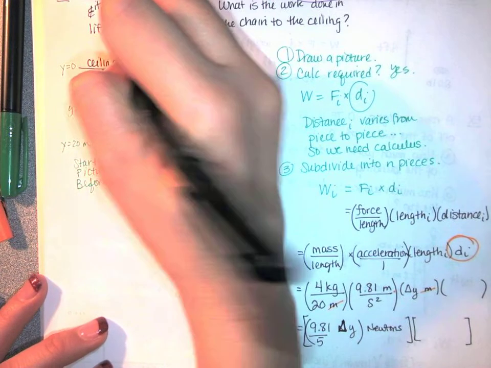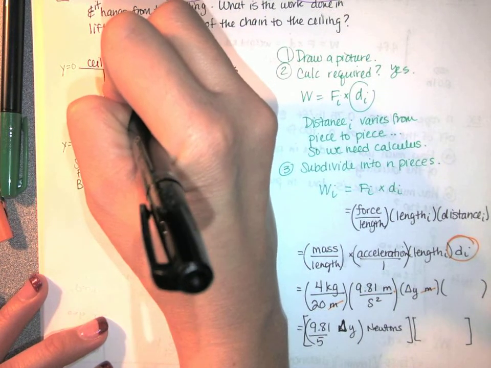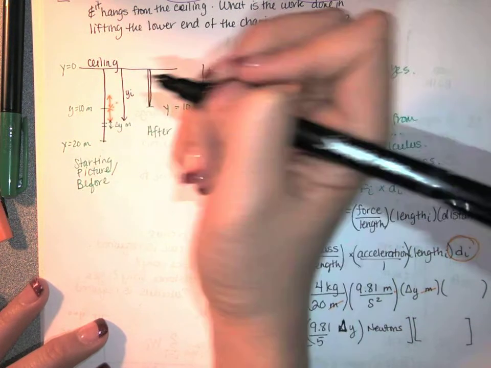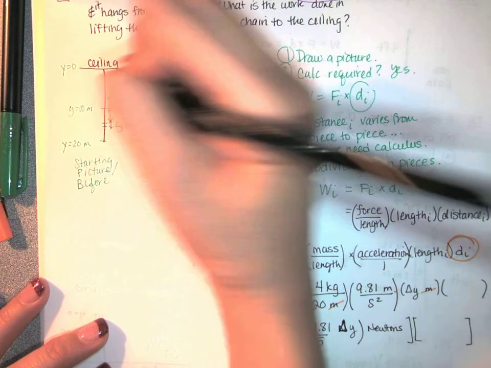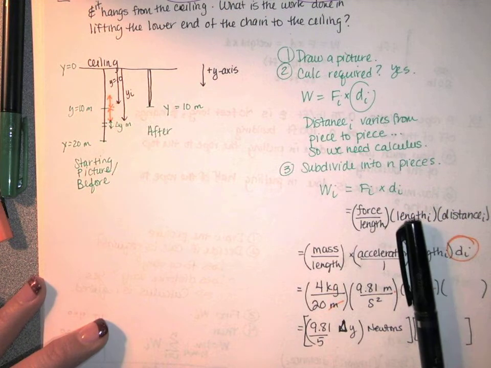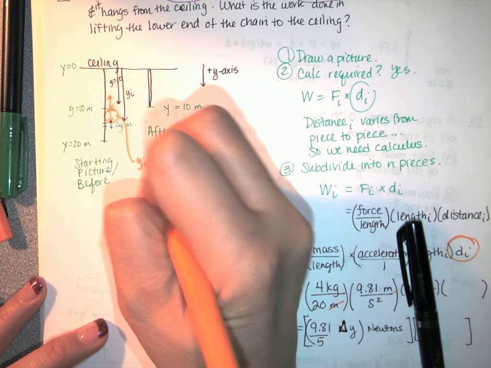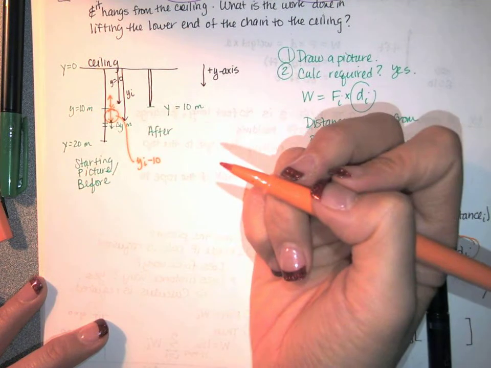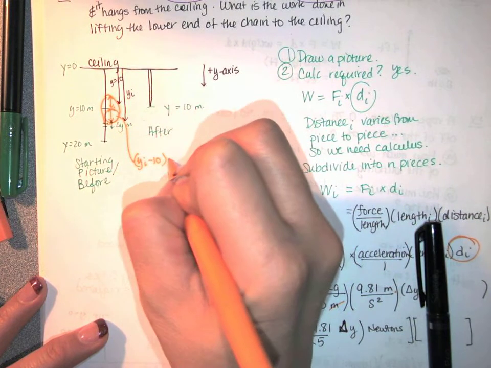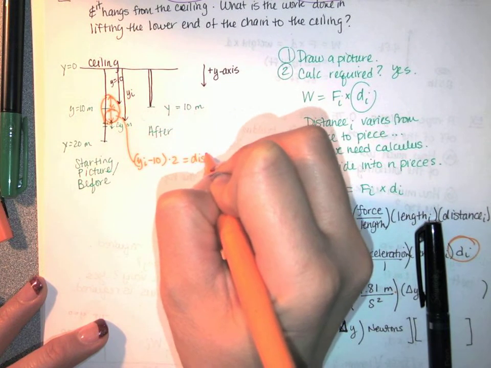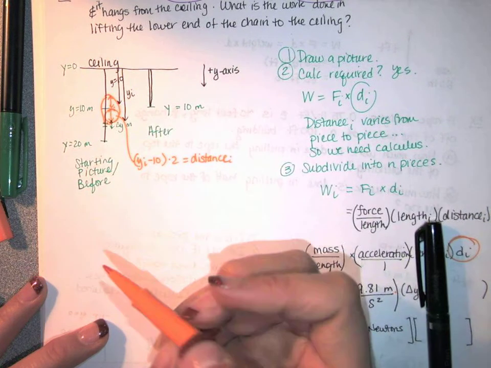Well, in general, if this is the positive y-axis, this distance is just y sub i. And this distance, well, that's y equals 10. So this distance right here must be y minus 10. And then we're going to double it to get the total distance that piece traveled. I know it's a little tricky.